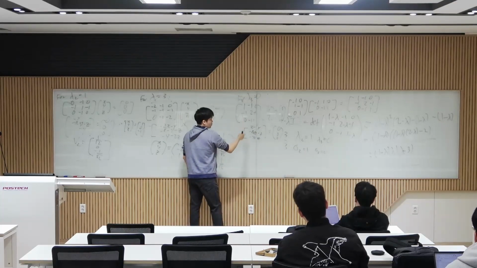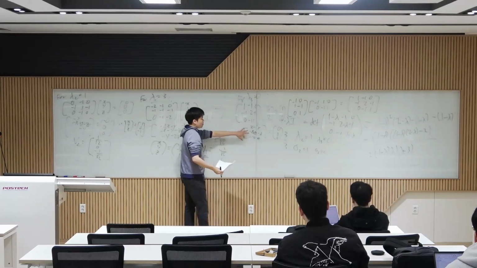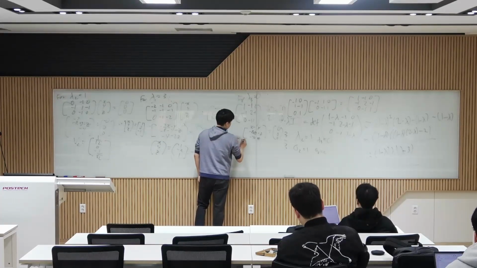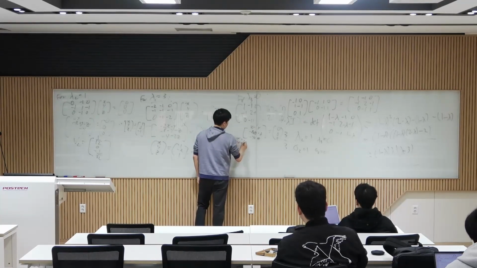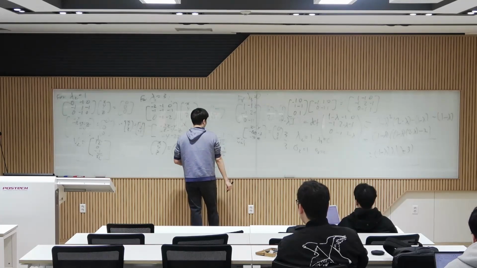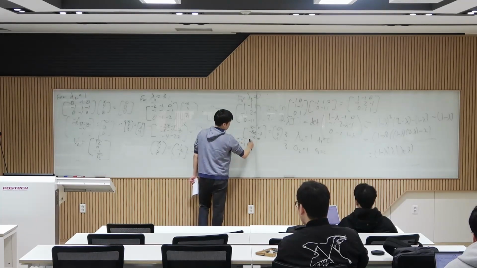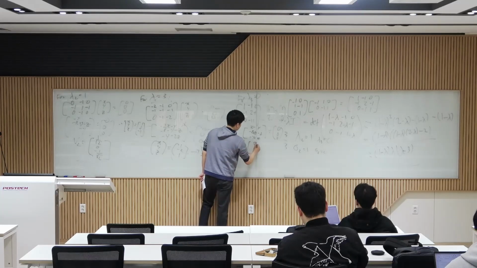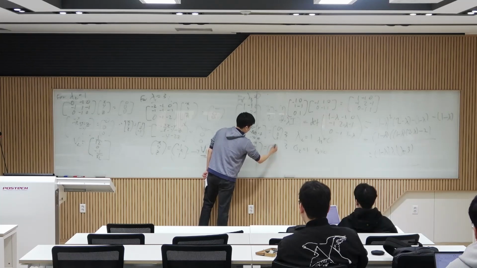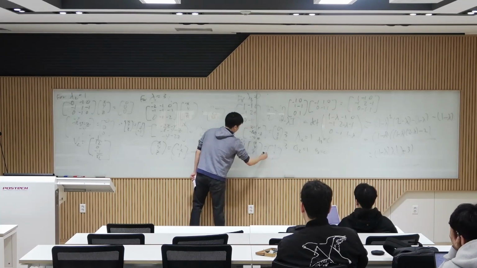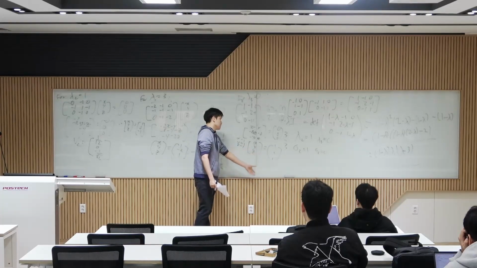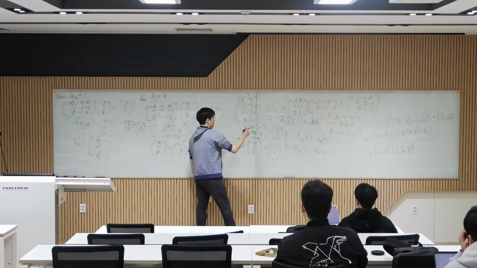We want to find x, y, z that satisfies all of these three equations. If you set x equal to 1, then y will automatically become 1, and then z will also become 1. So x, y, z is equal to 1, 1, 1. Again, we need to change this vector into unit length, so we divide by root 3.